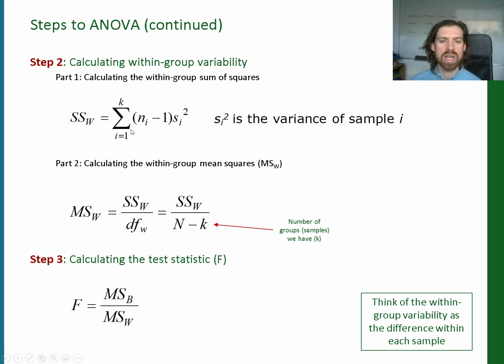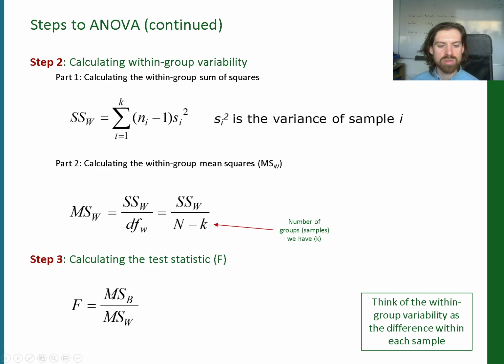We'll calculate this by hand once we get to the lecture. Then we take forward the SSW parameter from this equation as the numerator into part 2, which focuses on calculating the within group mean squares. We divide it by the denominator here, which is the total number of observations minus the number of group samples. That produces MSW.